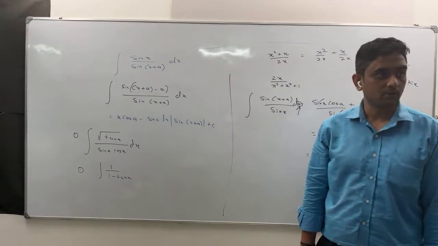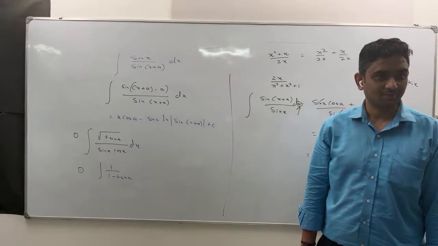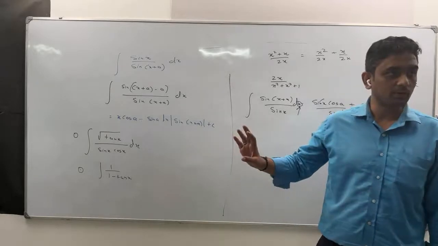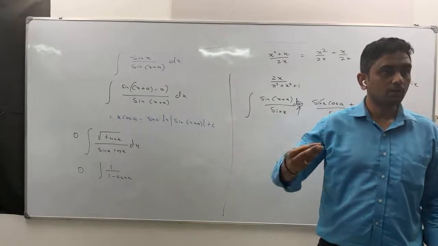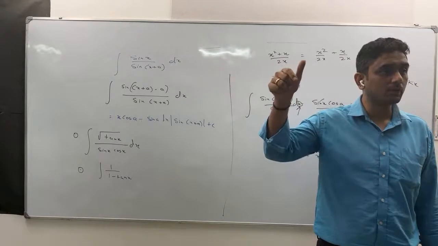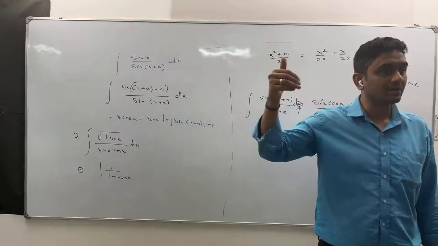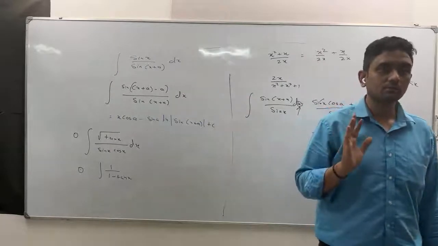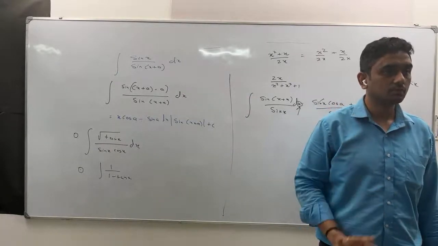Sachin? Correct. See, because right now there's no direct substitution, right? Direct is not possible, because we said dt should come in the numerator. Nothing can give you root tan x as a derivative in the question. So convert it, change it. Change it in terms of sine and cos. That's it.